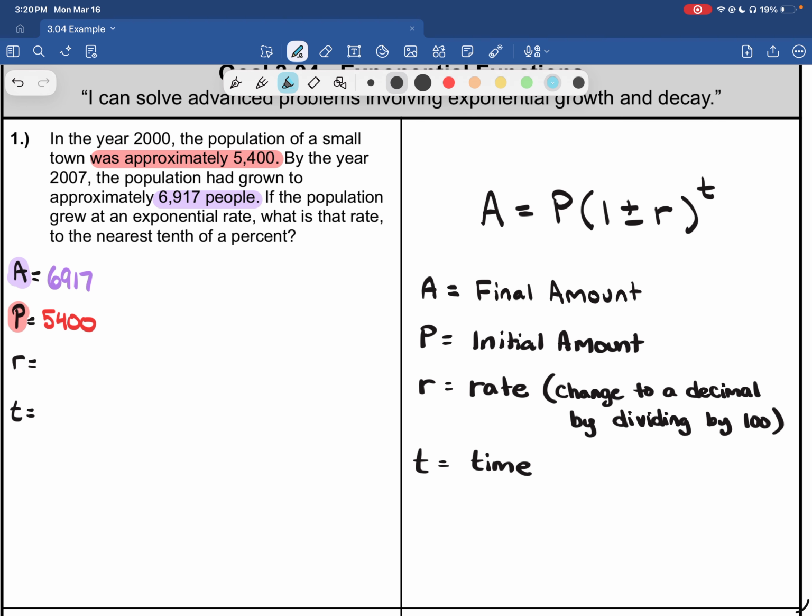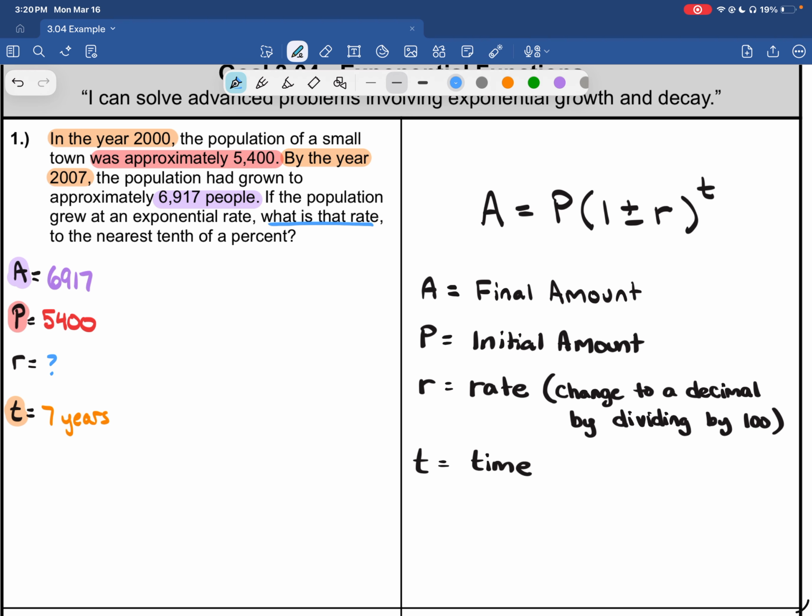Then it says this happened in the year 2000, and then the population had grown to 6,917 by the year 2007. So that time would be 7 years. It says, what is the rate? So we don't know what the interest rate or the growth rate is.